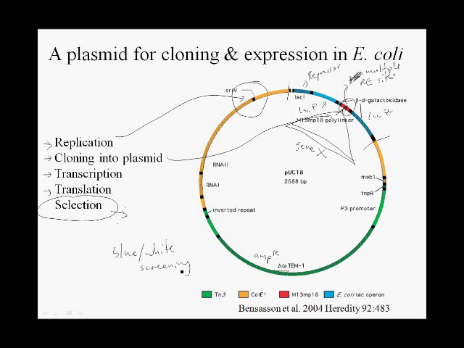And so you pick the white colonies, and those are most likely to then have a plasmid. They're ampicillin resistant, so they contain the plasmid. They form white colonies, so they have a disrupted beta-galactosidase gene, meaning that they have an insertion in their beta-galactosidase gene. So this is merely one example of the kinds of clever tricks that genetic engineers have used to clone genes.